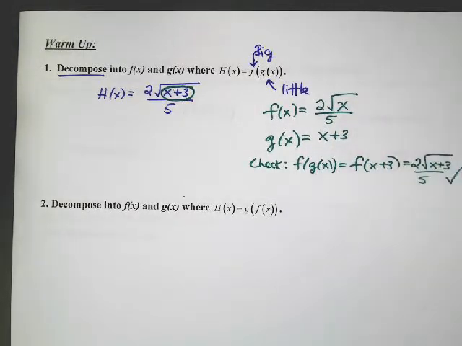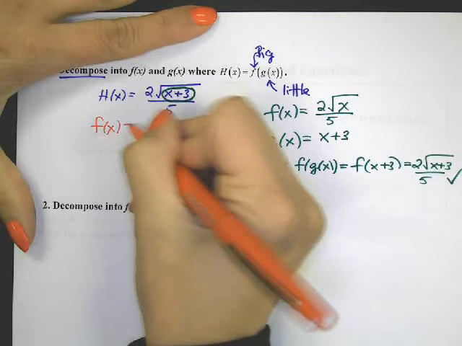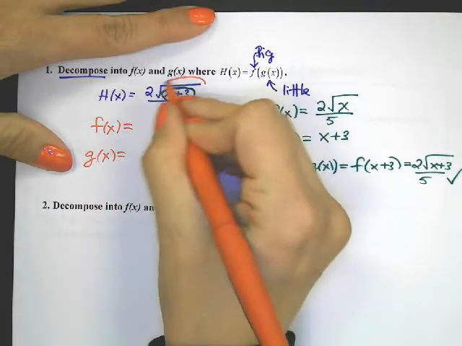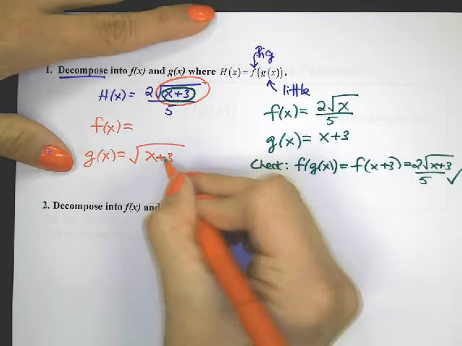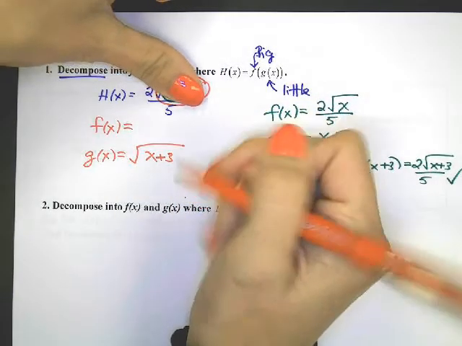Now, there's more than one way to decompose. You don't have to have all these answers, but let me show you another one. F of x and g of x. So what if the little one was all of this stuff, was the radical and the quantity x plus 3? So if all of that gets taken out, sometimes I just cover it up with my thumb.